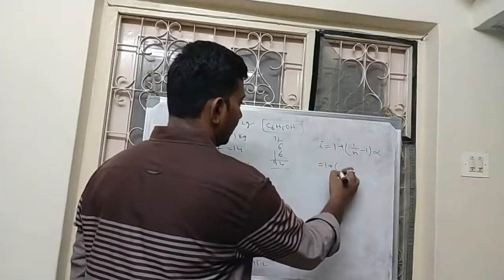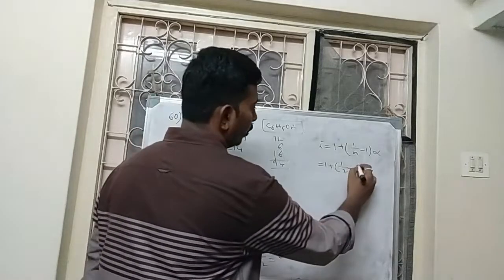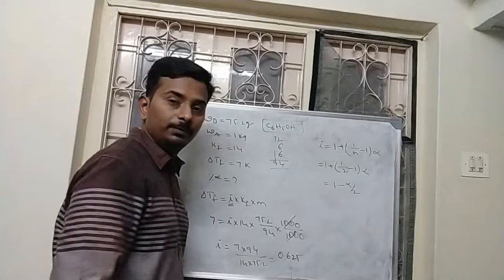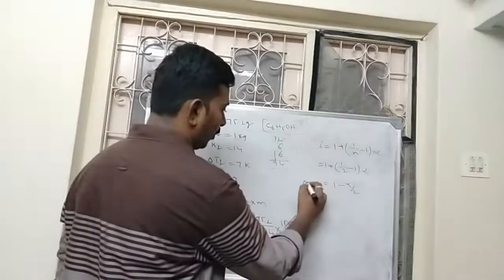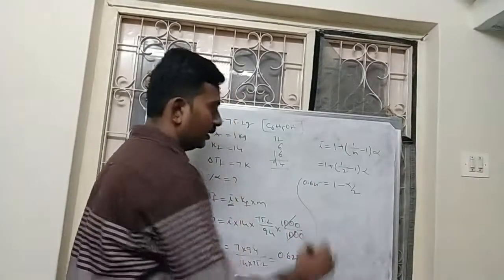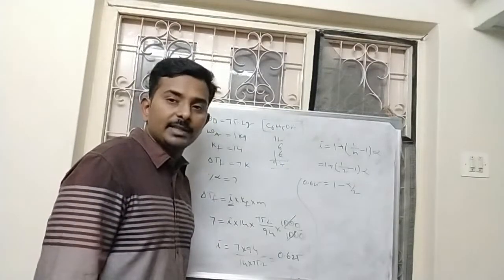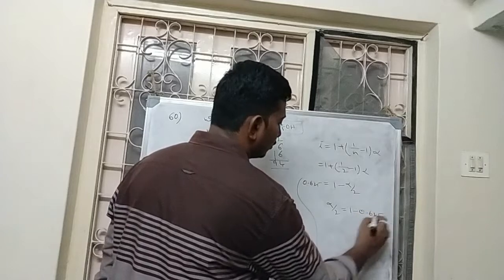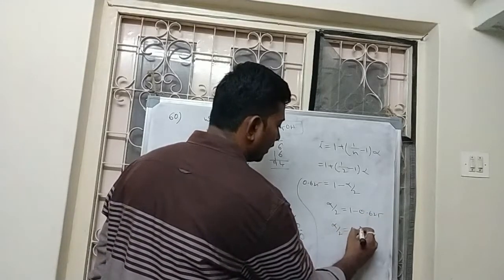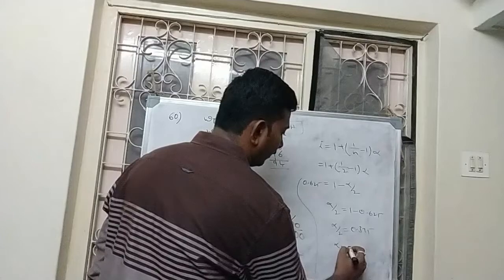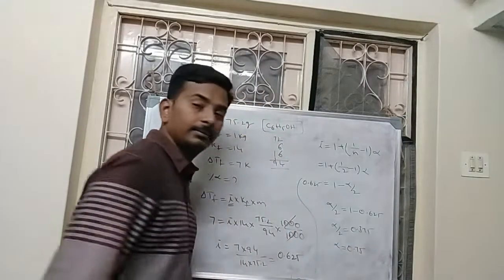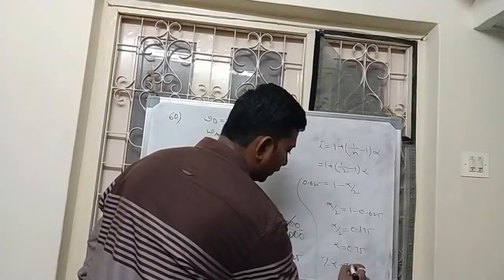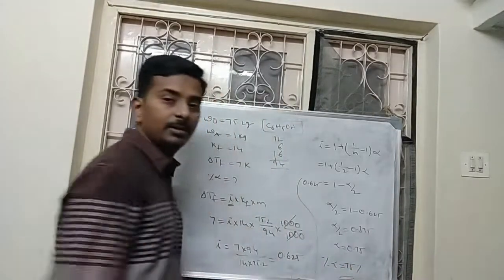So that is 1 plus (1 by 2 minus 1) into alpha, that is 1 minus alpha by 2. And the value of i is given as 0.625. 0.625 is equal to 1 minus alpha by 2. So alpha by 2 value will be 1 minus 0.625, that is 0.375. So alpha value will be 0.75. So percentage alpha value will be 75%.